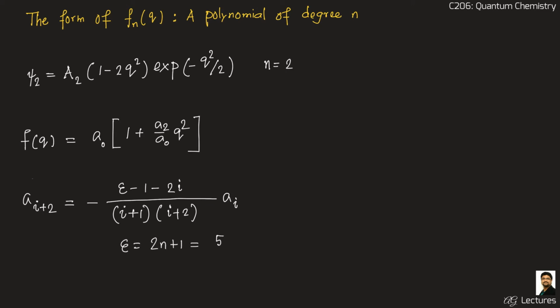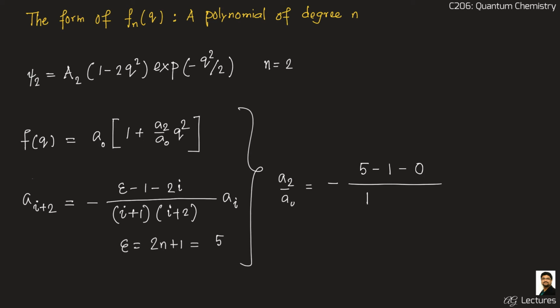Now let's try to find out the ratio A2 over A0 from all these things. So we get a negative sign, and epsilon is 5. So we get 5 minus 1 minus 0, because i equals 0, that is A2 by A0, so i equals 0.